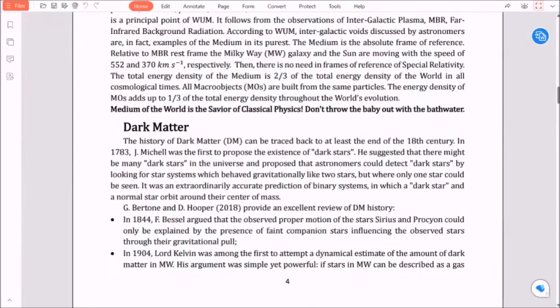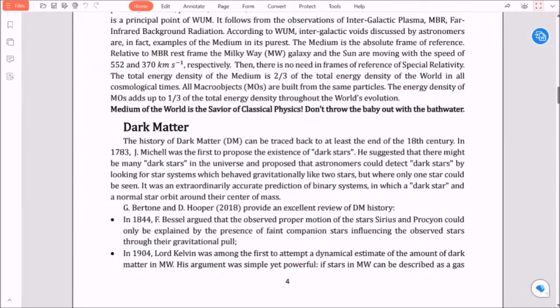Dark matter. The history of dark matter can be traced back to at least the end of the 18th century. In 1783, John Michell was the first to propose the existence of dark stars. He suggested that there might be many dark stars in the universe and proposed that astronomers could detect dark stars by looking for star systems which behave gravitationally like two stars, but where only one star could be seen.